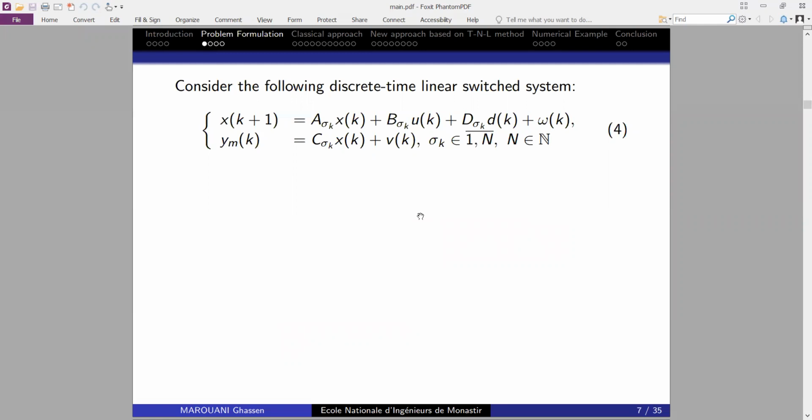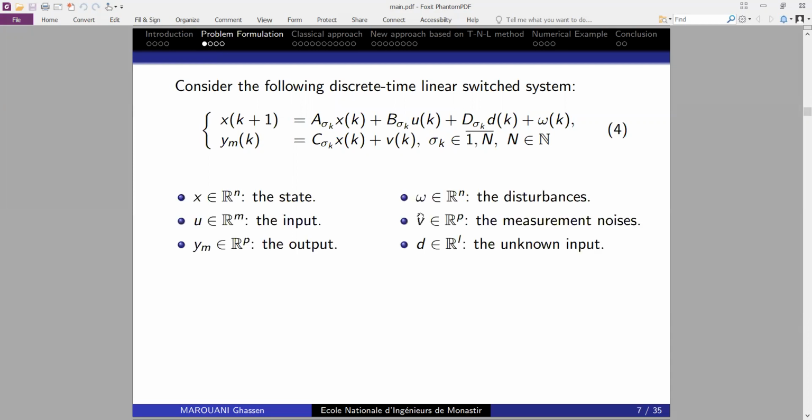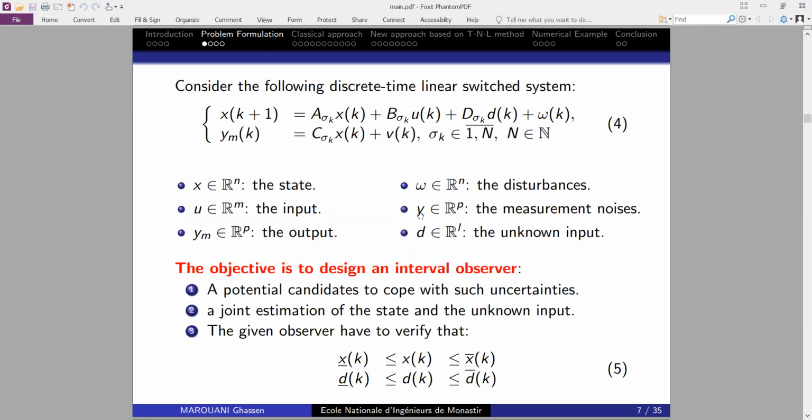So now let's focus on the design of interval observer for switched discrete time system in the presence of the unknown input. We have the following switched system where X is the state, U is the input, Y is the output, omega is the disturbances, V is the measurement noises, and D is the unknown input. The objective is to design an interval observer.